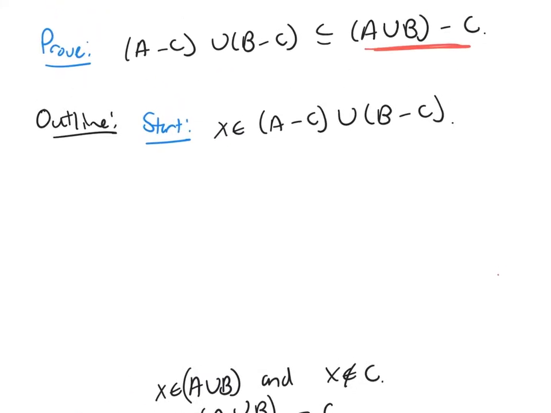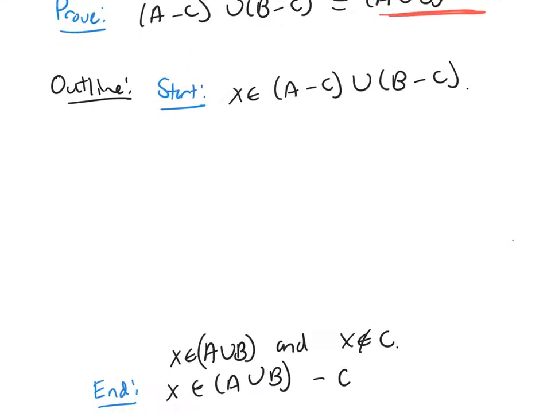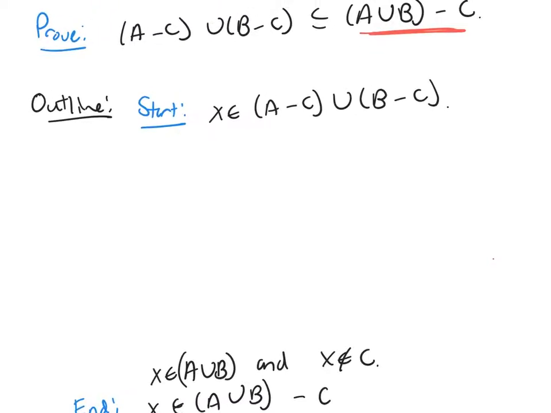So let's go back to the beginning and we got to fill in from the start to the end of this proof. So let's look here. If I'm in this union here, I know that either X is in A minus C or X is in B minus C. So here we're going to split up into cases, and the cases are going to be based off of this first set here.